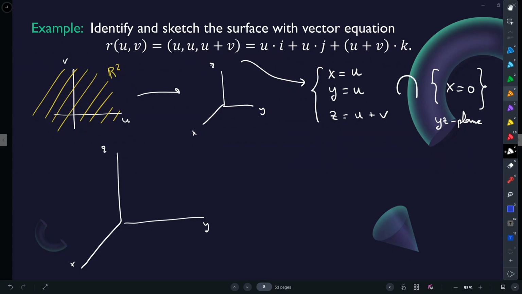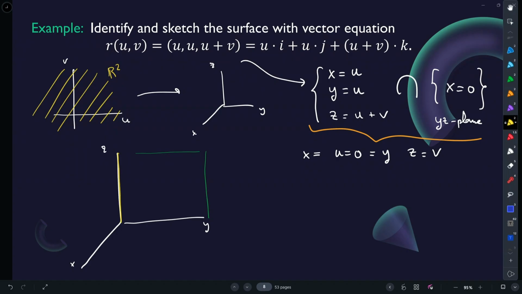First, x is 0, so that corresponds to u is 0, but that means that y is also 0. And then z, if u is 0, z is v, so v can be anything I want. So the intersection of my object with my plane is the line, the z-axis, because x is 0, y is 0, and z can be anything I want. Okay?